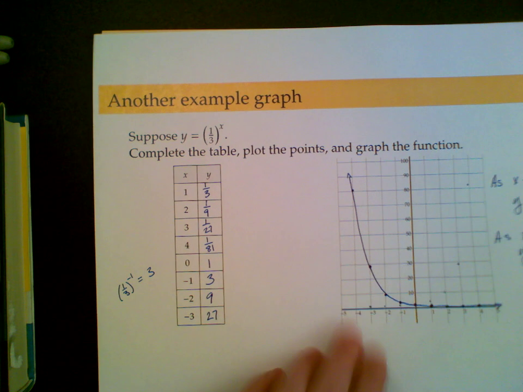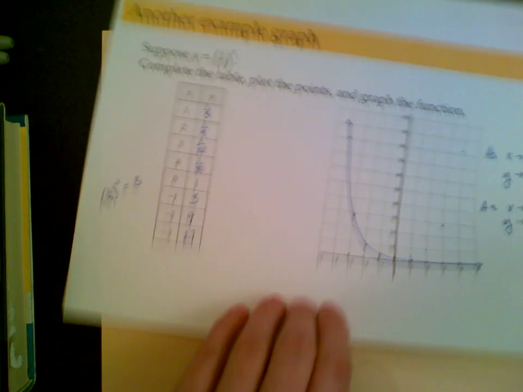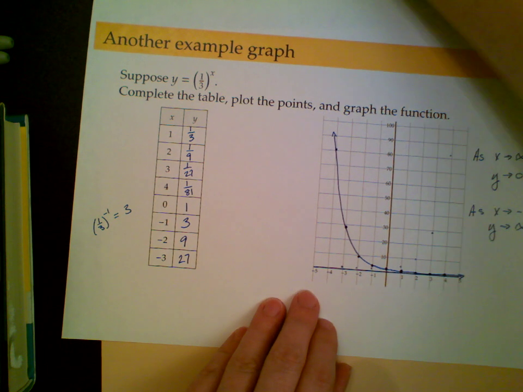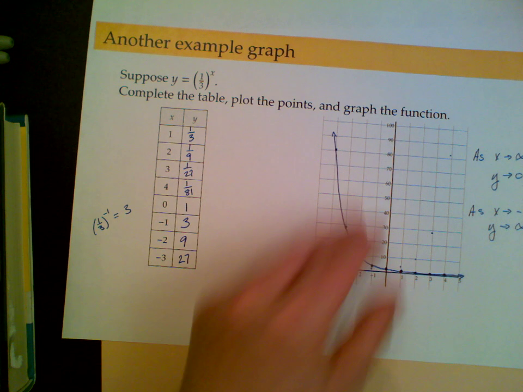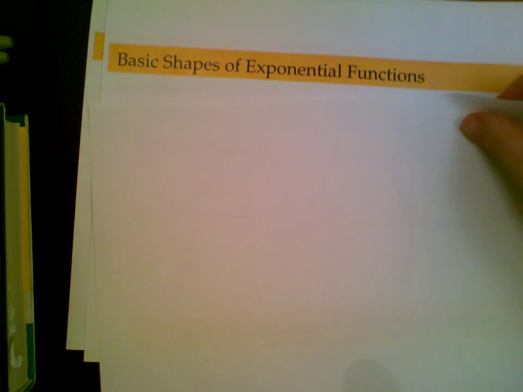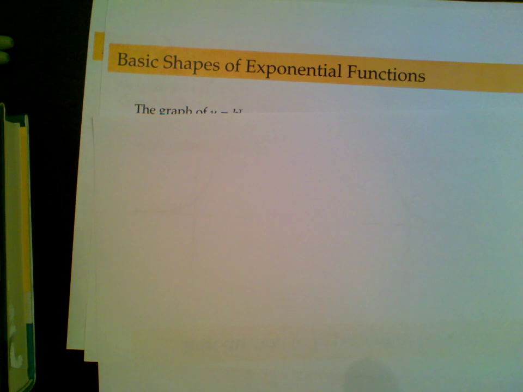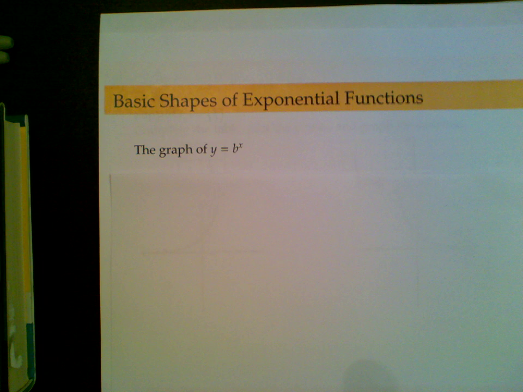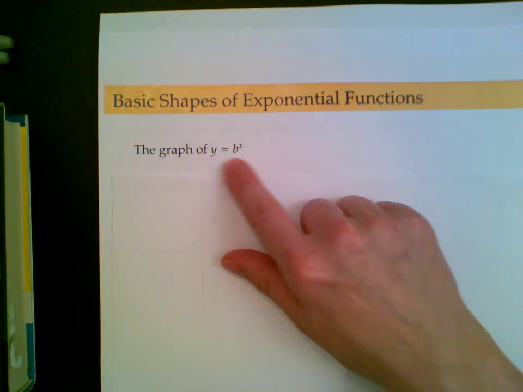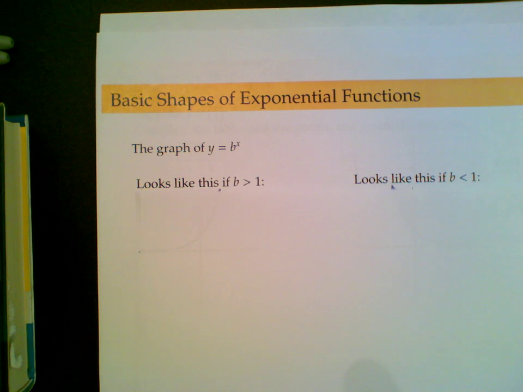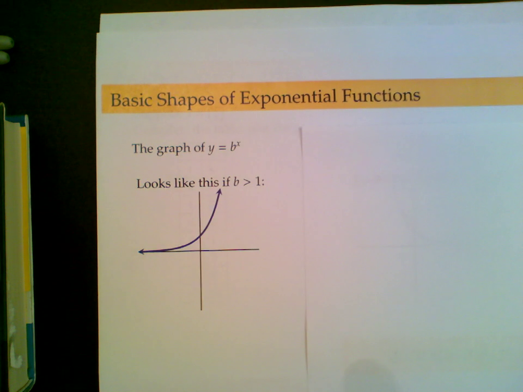So we have another slide with the basic shapes of exponential functions. If we've got the graph of y equals b to the x with an arbitrary b, it's going to look like this if b is greater than 1.